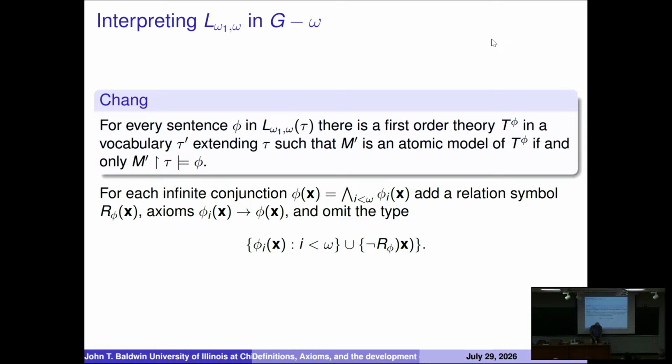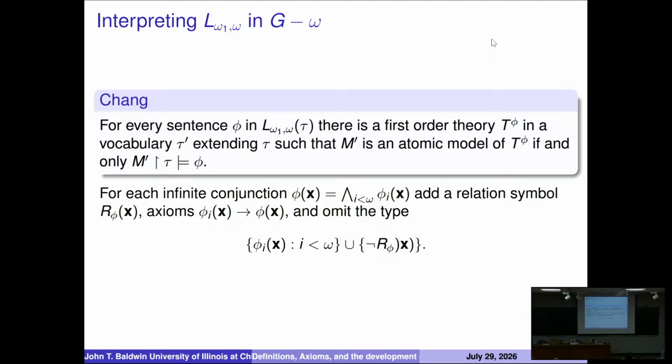All right, and now the claim is that I can interpret L omega 1 omega in this logic as a theory in this logic, and for that we need what's often called Chang's trick. If you give me any sentence in L omega 1 omega, remember L omega 1 omega is like first order logic, except I'm allowed infinite disjunctions and infinite conjunctions, with formulas having only finitely many variables.